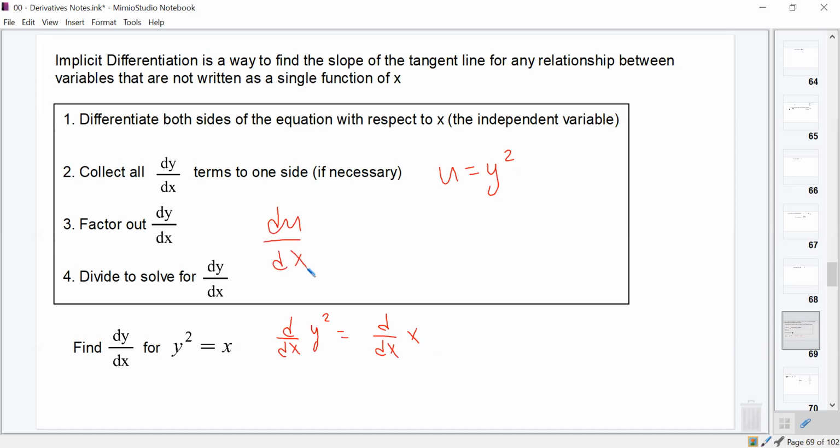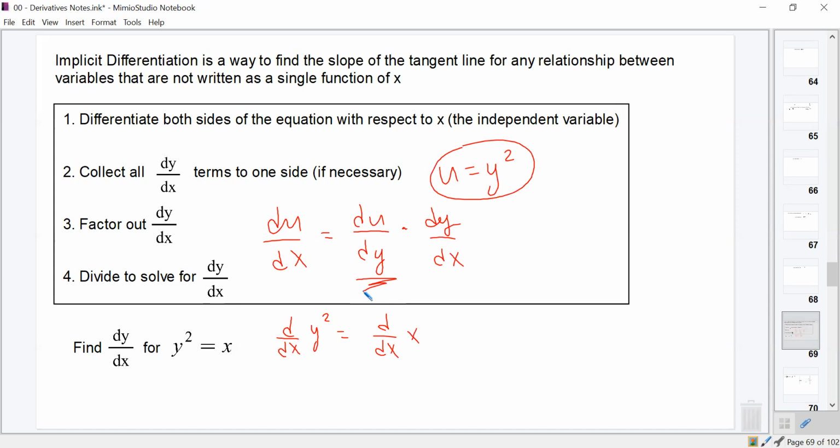Well, du dx should be, if we were using the chain rule here where u is equal to y squared, du dy times dy dx. And so effectively what we're going to do is we're just going to take the derivative of the y term with respect to y, and then we'll multiply that result by dy dx.